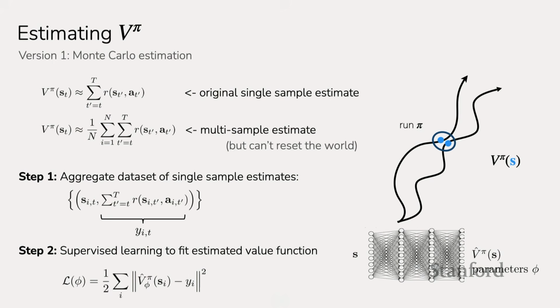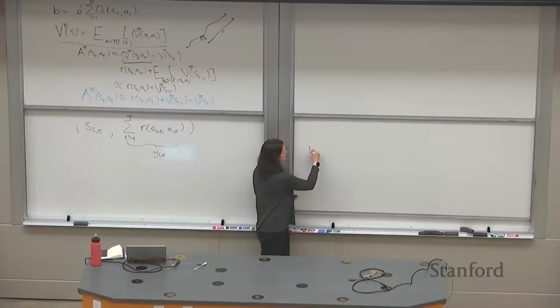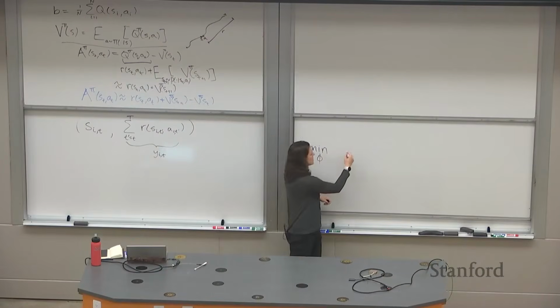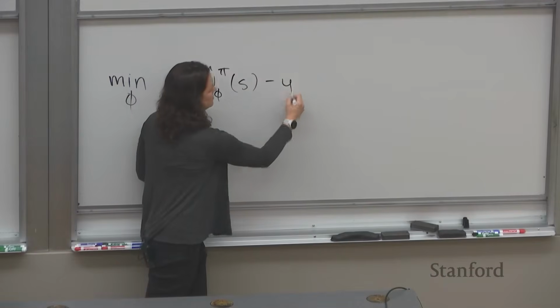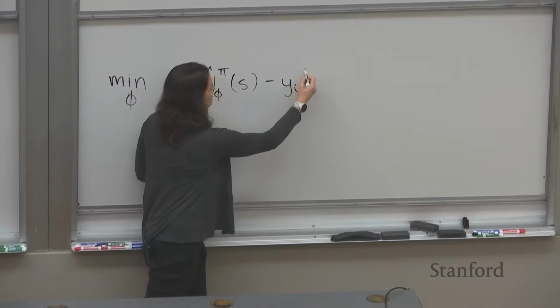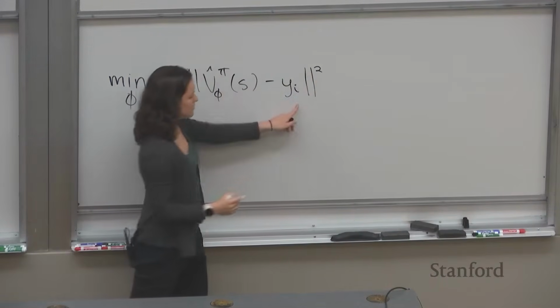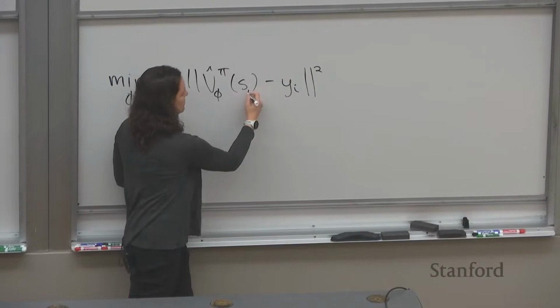So the objective is minimizing with respect to your parameters the difference between your predicted value and the sum of rewards that you saw in your data set for a given i.